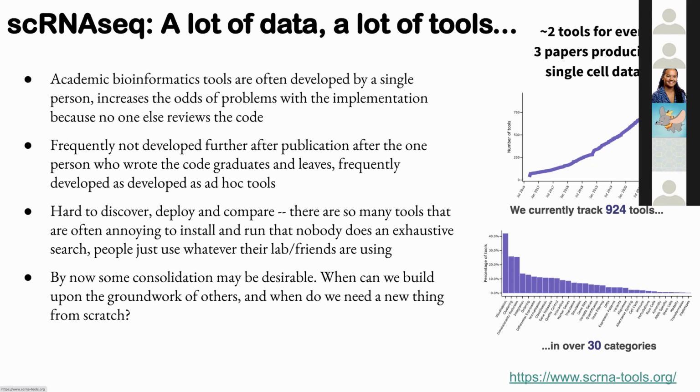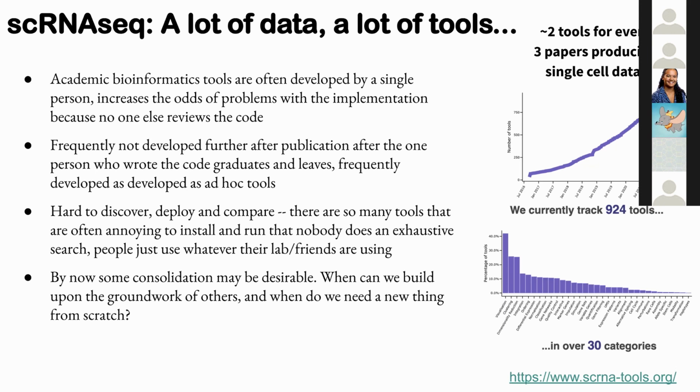And so this causes a few problems. I think the main one is that these tools are often not super well developed because they're done ad hoc to solve one specific problem, and after publication they are often not maintained. The other thing is it's hard to discover, and hard to compare tools and know what you should use, what makes sense to use.